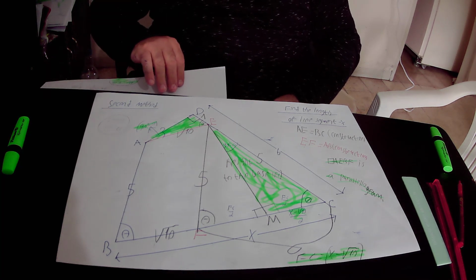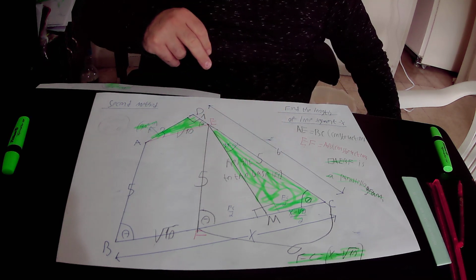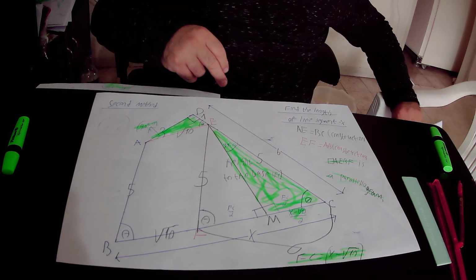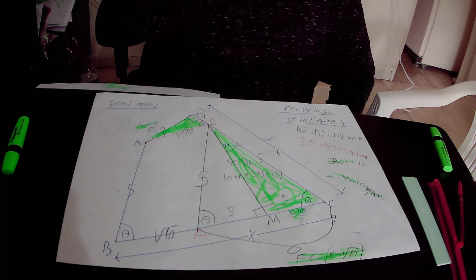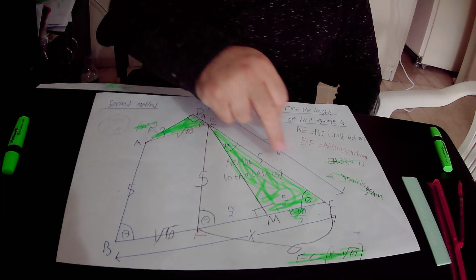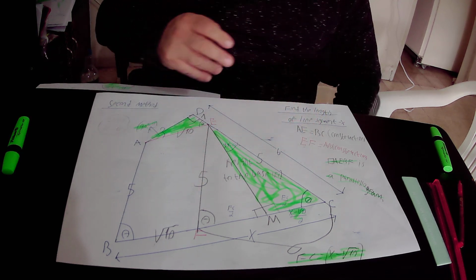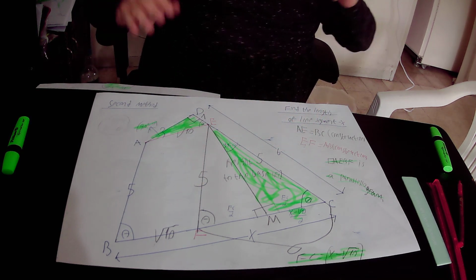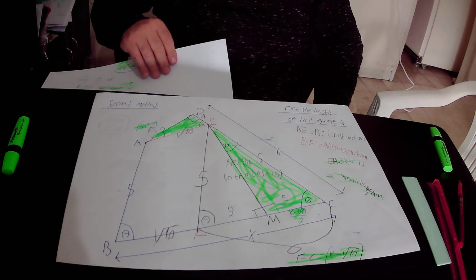Okay, then we focus on triangle FEC. In triangle FEC, side FE equals side EC. Therefore, triangle FEC is an isosceles triangle because it has two sides that are equal to each other.